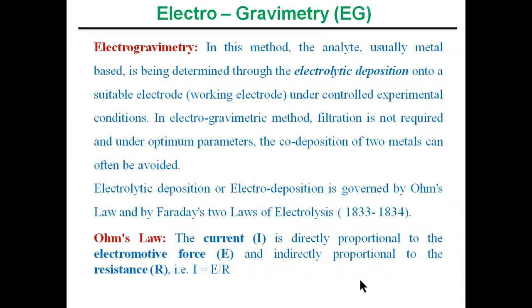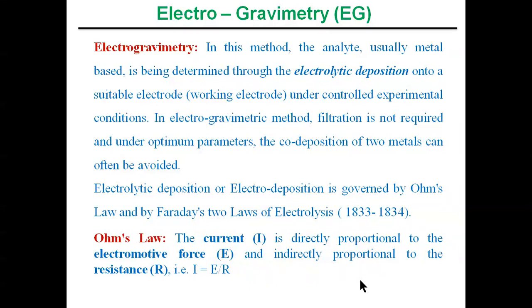In this method, the analyte, usually a metal based analyte, is determined through electrolytic deposition onto a suitable electrode. The electrode is generally known as the working electrode, under controlled experimental conditions. In the electrogravimetric method, filtration is not required, and under optimum parameters, the co-deposition of two metals can be avoided. So here it's very simple.